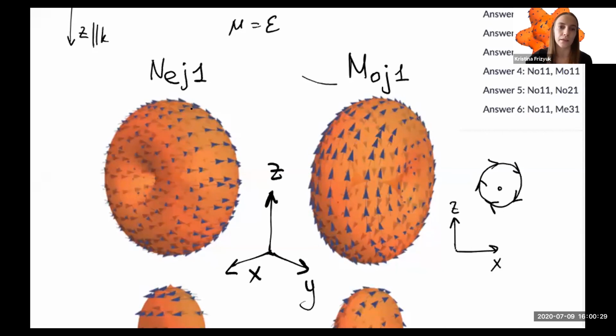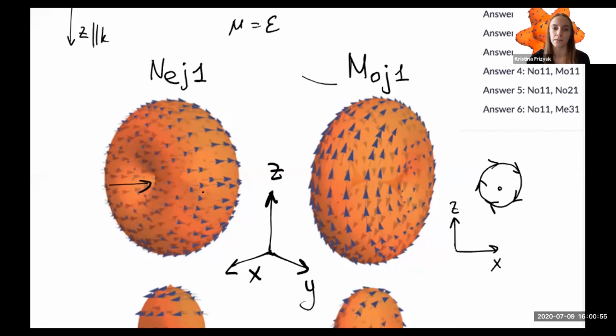But the electric field of an electric dipole goes along this axis. Actually it is always perpendicular to the field of the magnetic dipole, and it just goes along this surface.